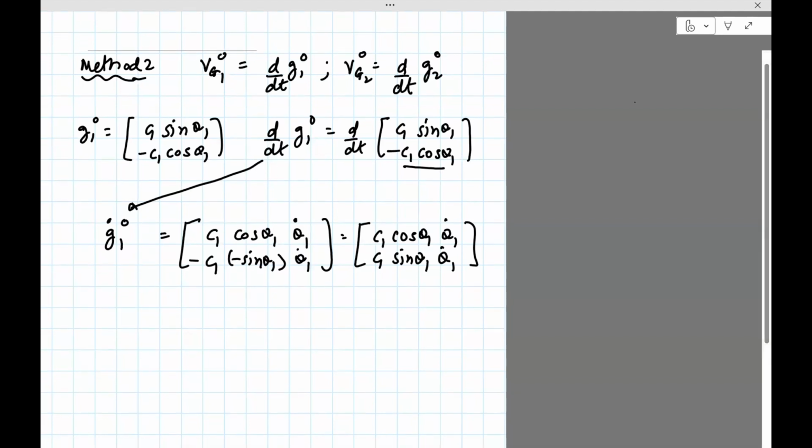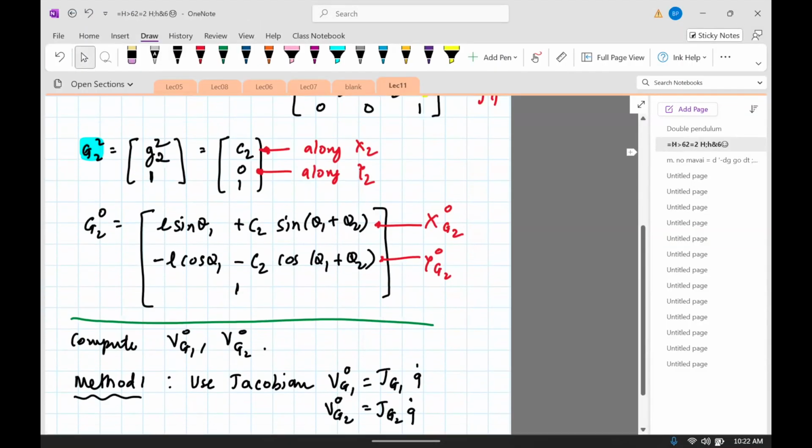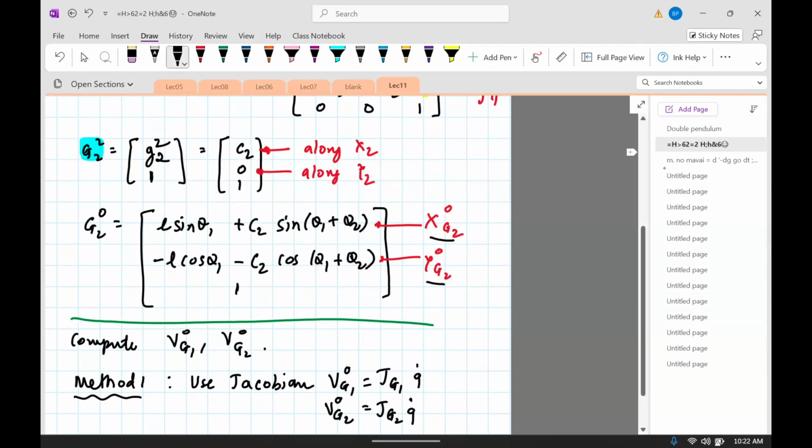Okay, so let's write this slightly faster for G2. So G2 dot is going to be d dt of G2 0. I wrote down a formula for G2 from the previous page, I can just copy that. So this is G2. I just need to write the x and the y component.